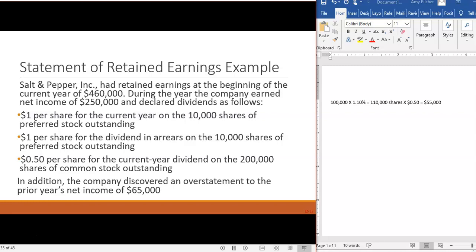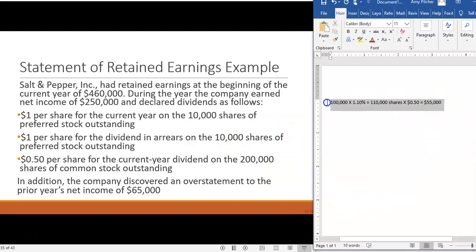This can happen for a lot of different reasons, and when it happens, a company just needs to disclose it and say, hey, we noticed this happen. They might say in their notes, we changed our method of depreciation, which then gave us a different cash savings or other kinds of things, but because of that change, we either understated or overstated our net income. So we're going to make a new adjustment to that.